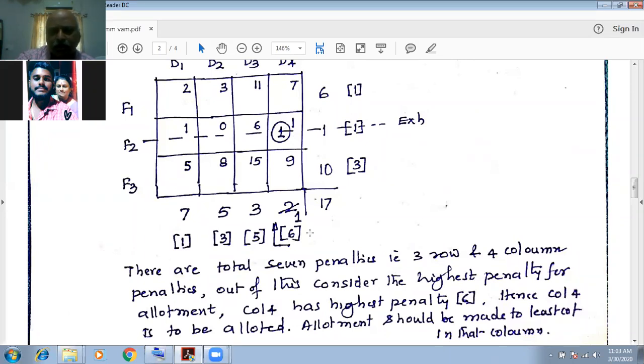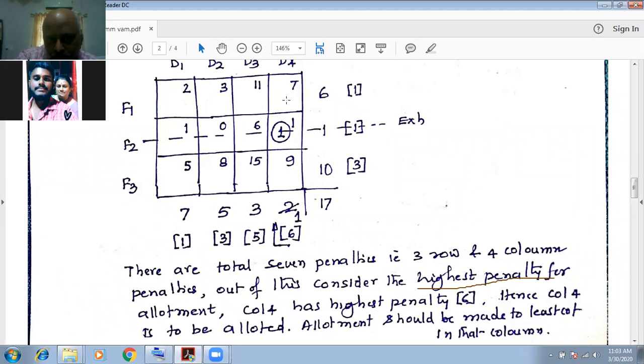The penalty may be anywhere. But the only thing is, out of these 7 penalties, you have to consider the highest penalty. So that highest penalty is the difference of 1 and 7. So you have to come to 1. So that is cell number 24. Now for cell number 24, while making an allotment, you have to keep in mind the row capacity constraint and column capacity constraint.